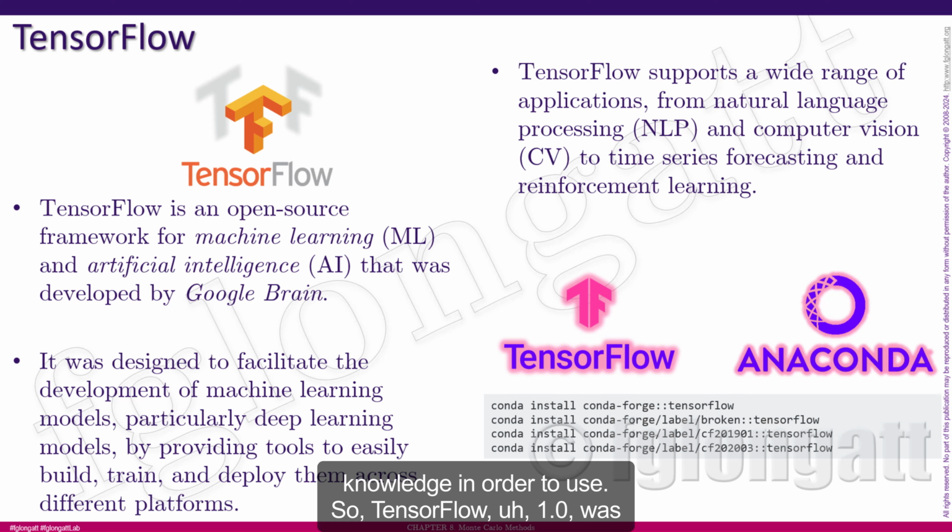TensorFlow 1.0 was released in February 2017, making a very significant milestone in terms of machine learning capability. Over the years, TensorFlow has been updated many times, every time bringing new features, improvements, and optimization. For instance, TensorFlow 2.0 was released in September 2019, introducing a friendlier, simplified, intuitive interface, making it easy for young developers, for rookies, for non-experts to build and deploy machine learning models.